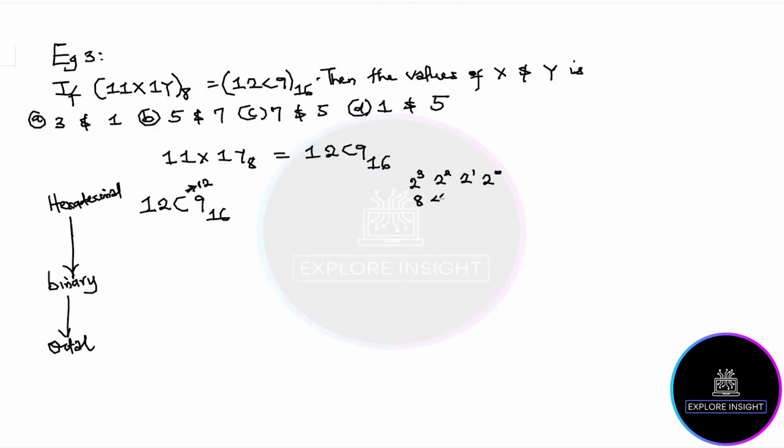So that will be 8, 4, 2, 1. So I will relate that here. 1, 2, C, 9. I can make this C as 12, so take note of that. Now, 8, 4, 2, 1 under each digit.